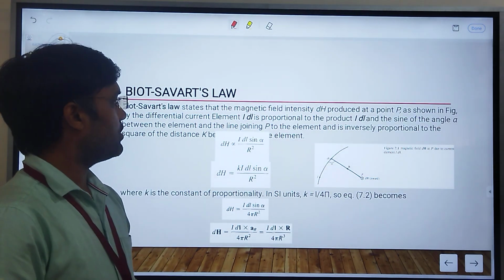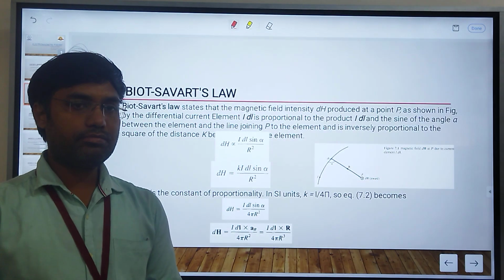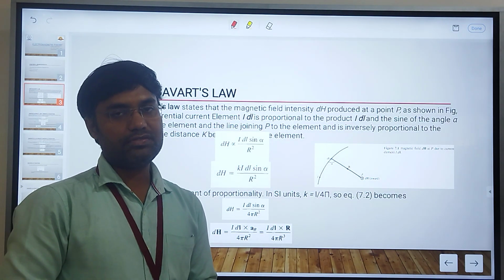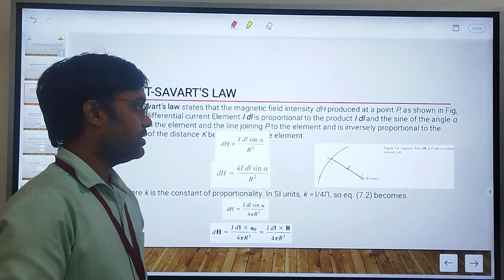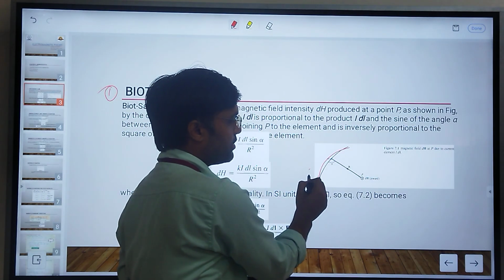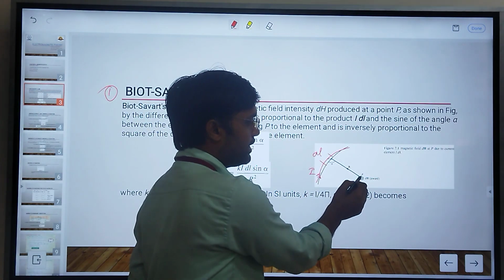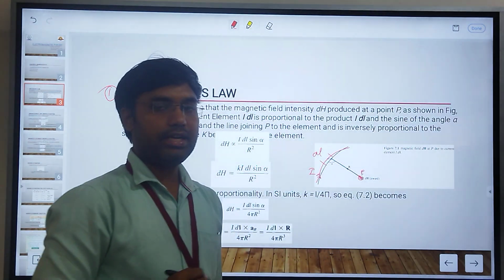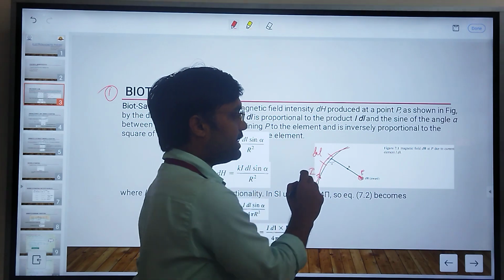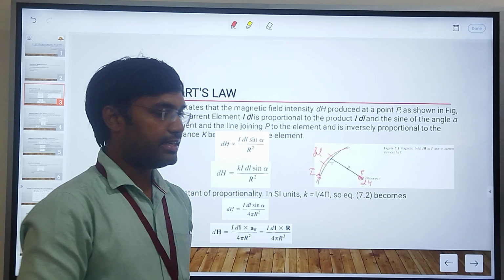Biot-Savart law states that with the help of any current carrying conductor, we can find out the magnetic field intensity at any point P. From the figure we can see this is the current carrying conductor I, and its differential length is dl, and at point P we have to calculate the magnetic field intensity H. If we take the differential length element dl, we can calculate dH, the differential magnetic field intensity.